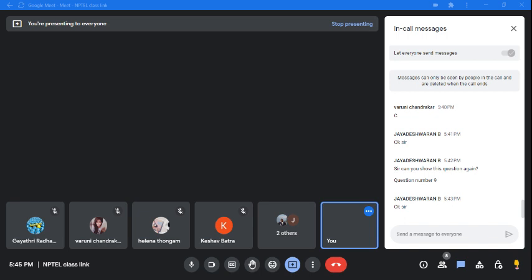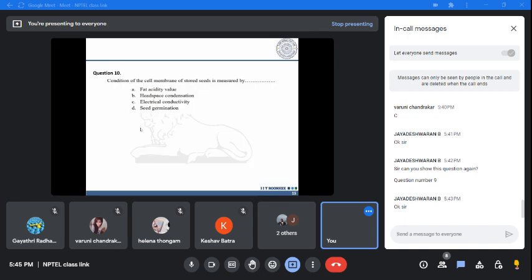The specific heat of grain and air are 1.6 and 1.0 kilojoule per kg per Kelvin respectively. Then calculate the time required in hours for cooling the grain in the bin. So this is question 9, and this is the solution. You will get the PPT. Okay, don't worry about that.